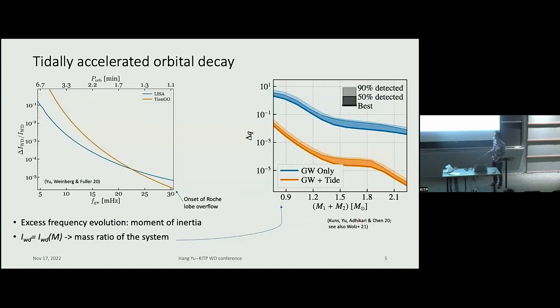And now, including the tidal effect, we probe another combination of the masses. Combining the two, we can individually determine the values of M1 and M2. And this can be important because from that, we can say whether the system's total mass exceeds the Chandrasekhar limit or not, and of course, there are many other things we can do knowing the individual component masses.